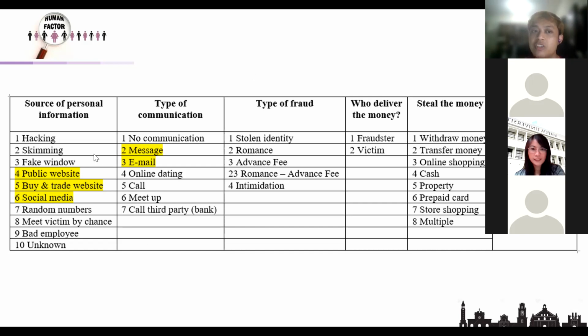But the one that I couldn't answer is how the fraudster got the personal information of my neighbor's son. Can you imagine, the fraudster knows how old he is, the full name, and the phone number.